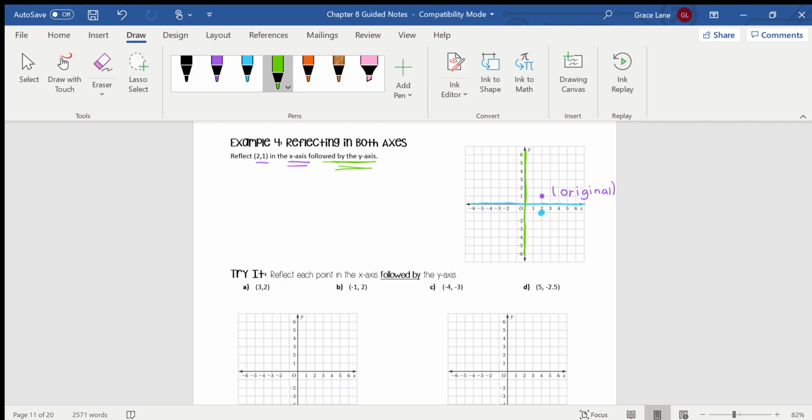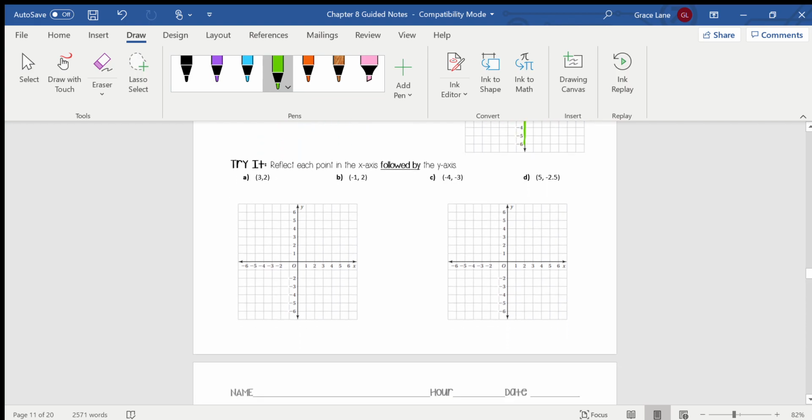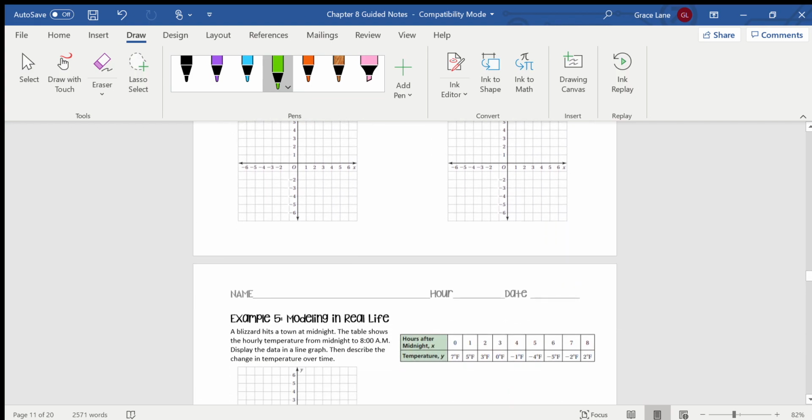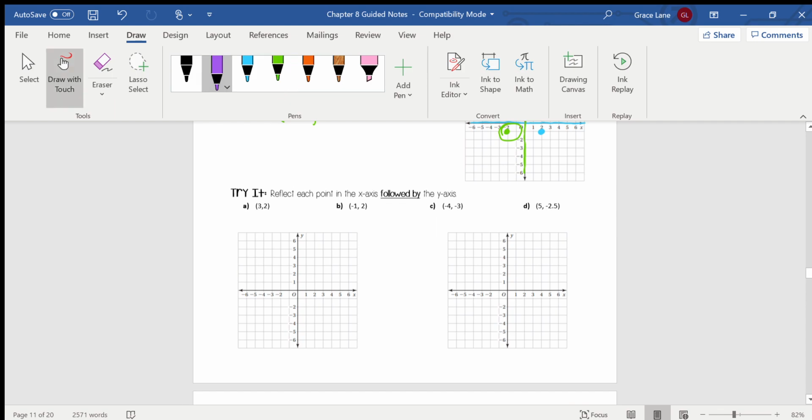So we are now staying at -1, but we are at -2. And so the final reflection point, your new point would be -2, comma, -1. Okay, so you guys do the try it problem, see if you can do 2 reflections at once. I'm going to do A and B on one coordinate plane and C and D on the other one.